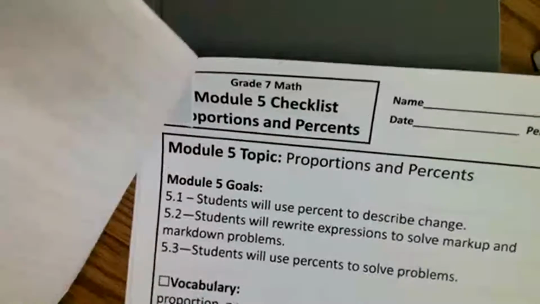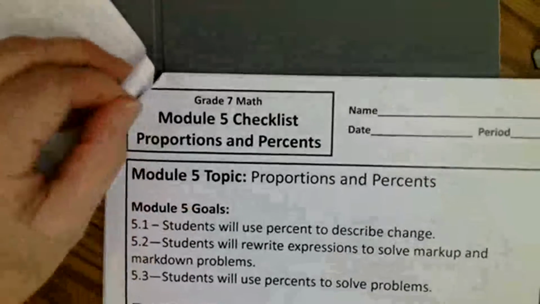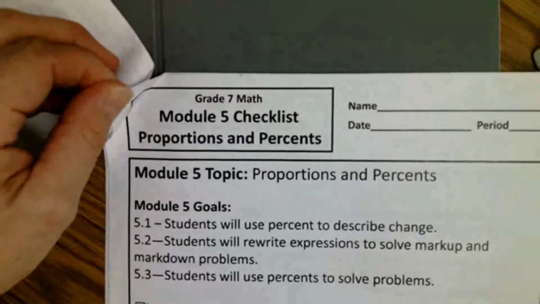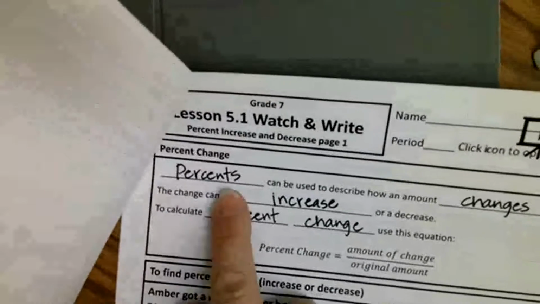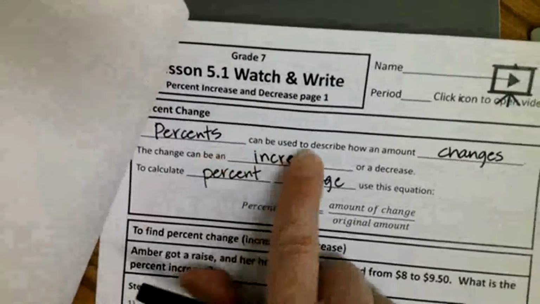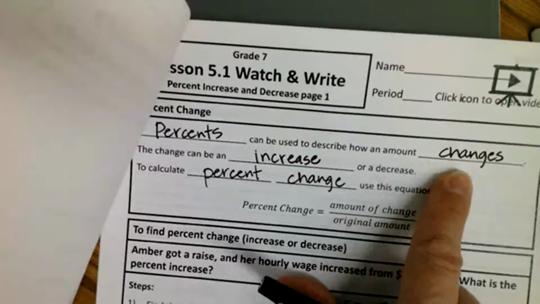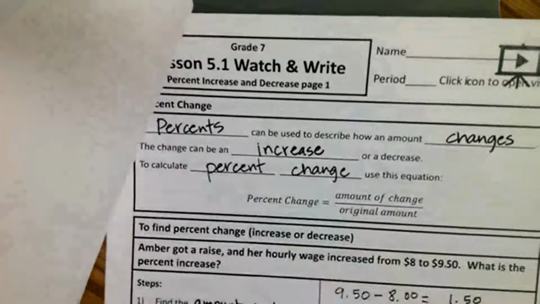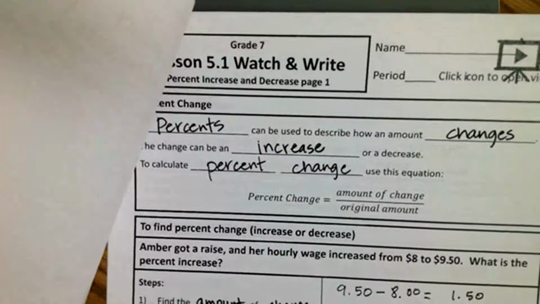Okay, so we are in module 5, and module 5 is called proportions and percents. In the first lesson, we learned that percents can be used to describe how an amount changes. We talked about an amount increasing or decreasing. If you get a raise, the amount you get paid will increase.